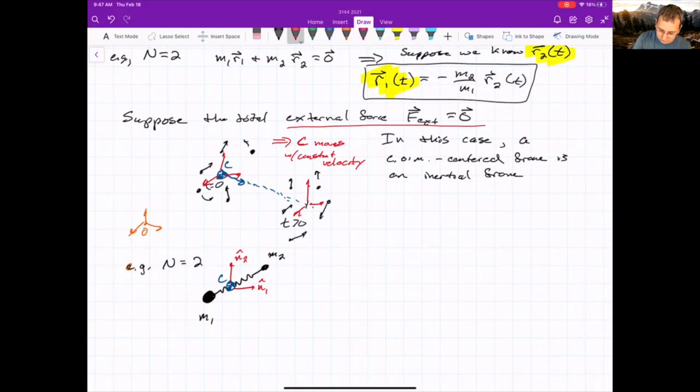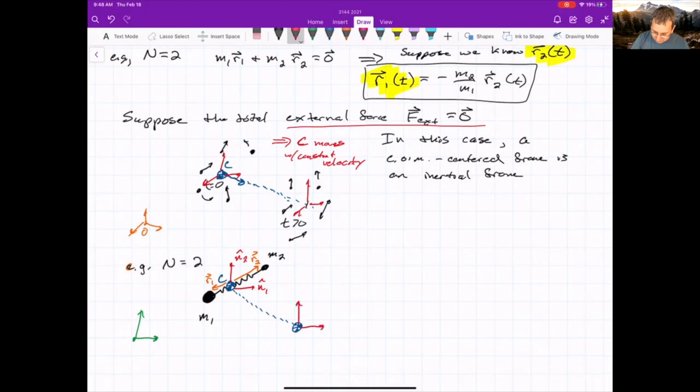So we could look at the motion of, let's call this R2, and this is R1. And if this was viewed from some other inertial frame, we would see the center of mass, given initial conditions, is generally going to be moving with respect to some frame, but it'll be moving on some straight line with constant speed.